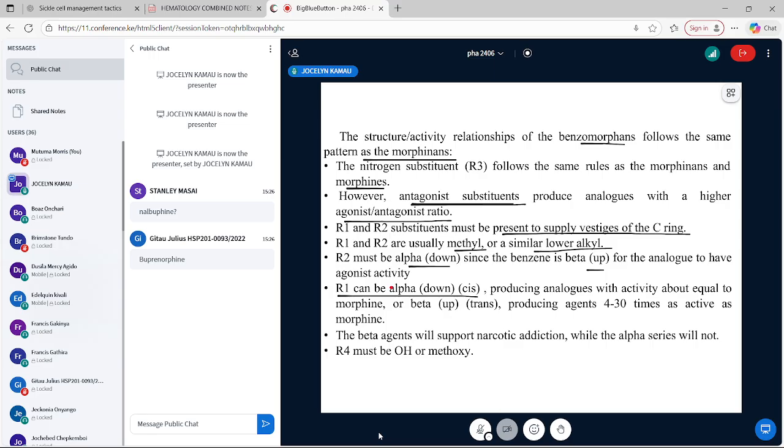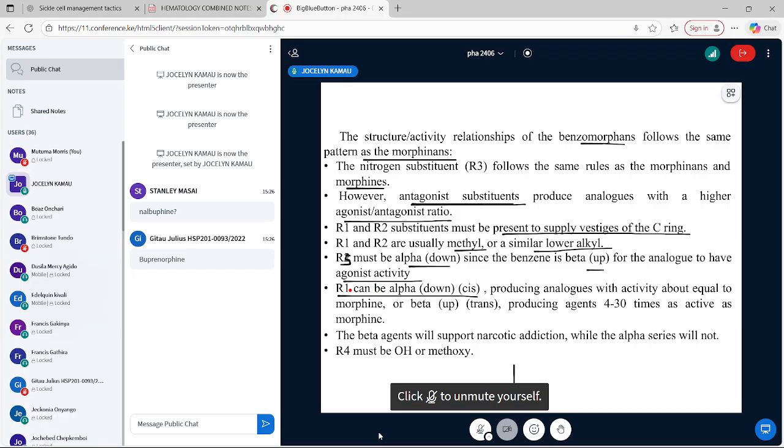So R1 and R2 are usually methyl or similar lower alkyl groups. I hope I've corrected that. You can see it in your mind. R2 must be alpha. Let us, for simplicity, say the R5, meaning it is a group at position number 5, must be alpha facing down, since the benzene is up when you draw the structure, for the analog to have agonist activity.